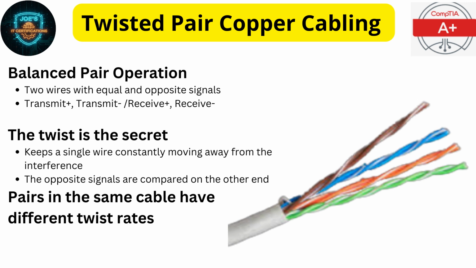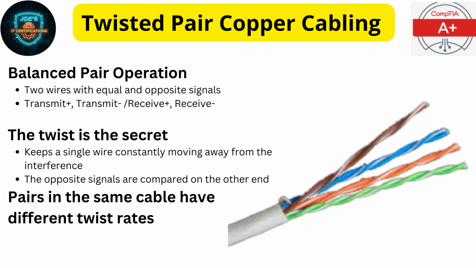The reason that these wires are twisted inside of this cable is that one side of that pair is constantly moving away from any interference or noise that may be in the environment around it. When that signal is received on the other side, that receiver is able to determine what the real signal should be and what the interference might be based on the differences in that signal that it's receiving on both of those wires.